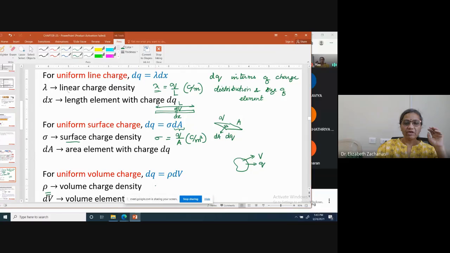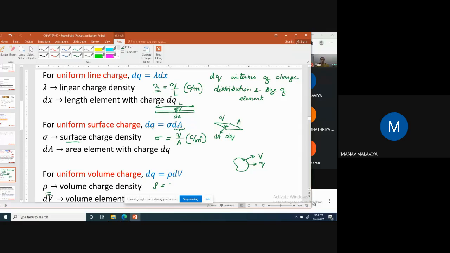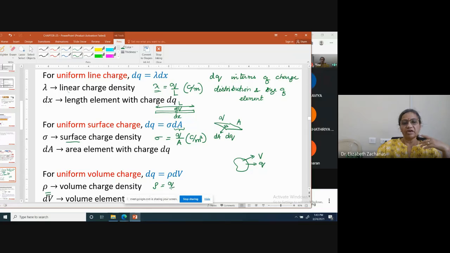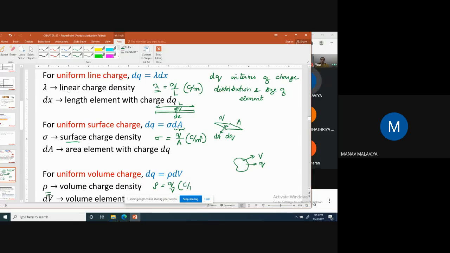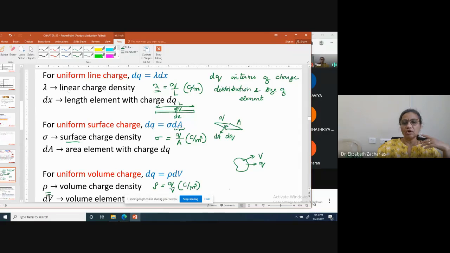Following the same logic, rho will be Q by V. And what will be the unit? Coulomb per meter cube.